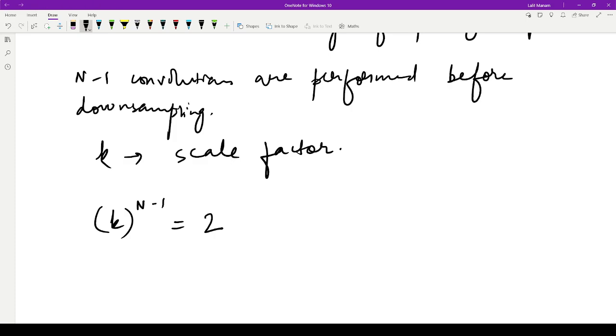You can think of it this way: we recursively apply this k, n minus 1 times, so that the effective scale factor is 2 after n minus 1 recursions. Is this statement clear?